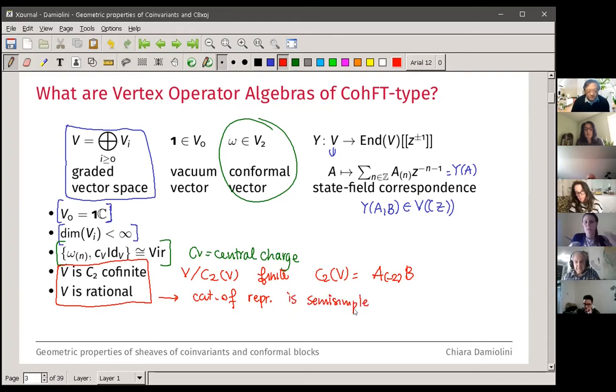If you want to describe it through the Zhu algebra, this tells us that the Zhu algebra is a semi-simple algebra. And in particular, the main thing that is interesting for us is that there are only finitely many simple modules for V.